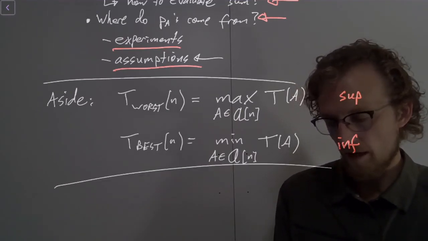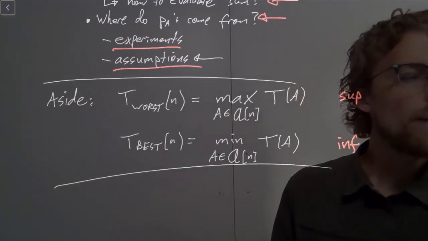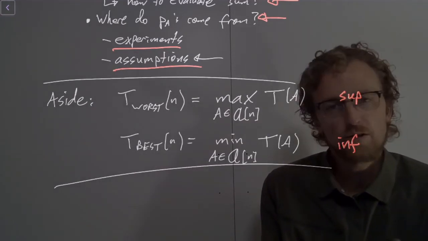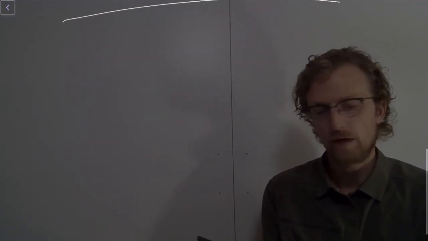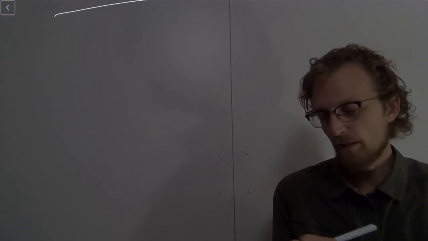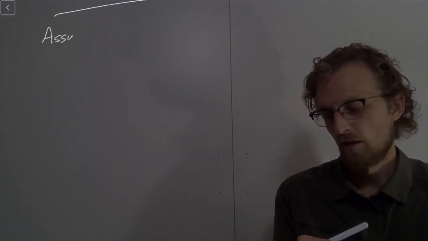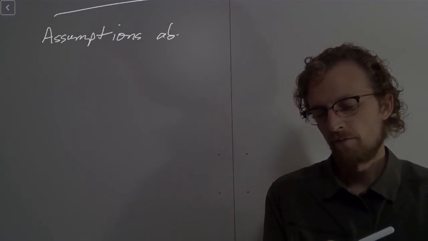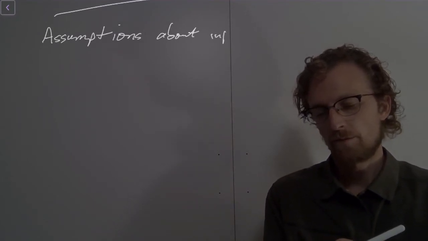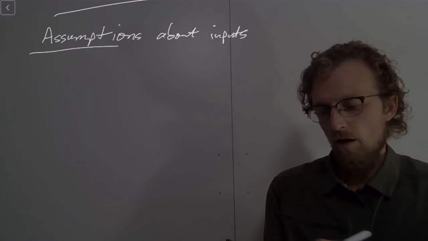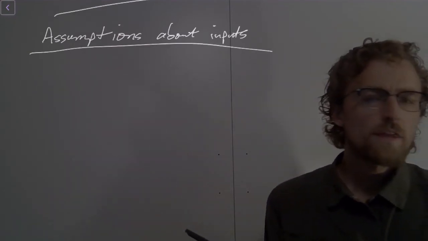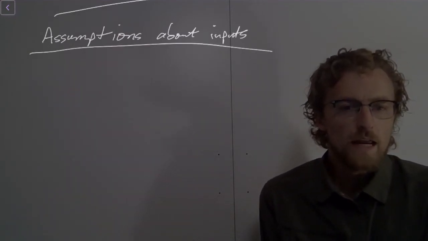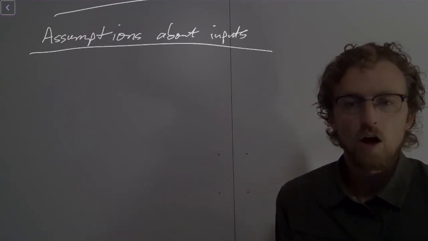So let's think about what kinds of properties of inputs we might expect to find. Let's make some assumptions about our inputs. Suppose the set of possible array elements is very large.